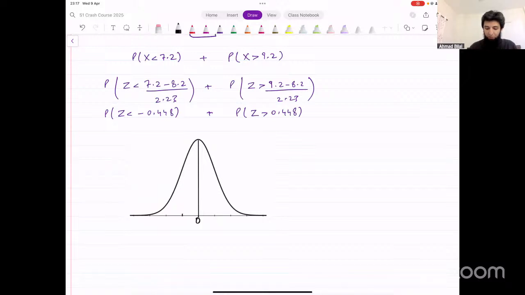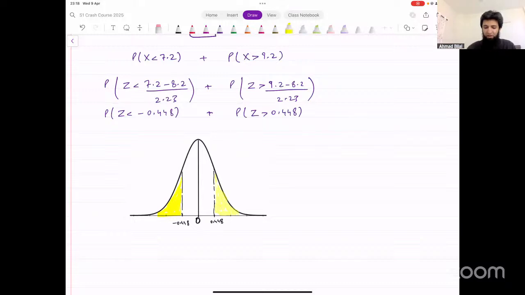Minus 0.448 is going to be on the left side somewhere. Plus 0.448 is going to be on the right side somewhere. We are looking for these two areas. This area on the left side and this area on the right side.